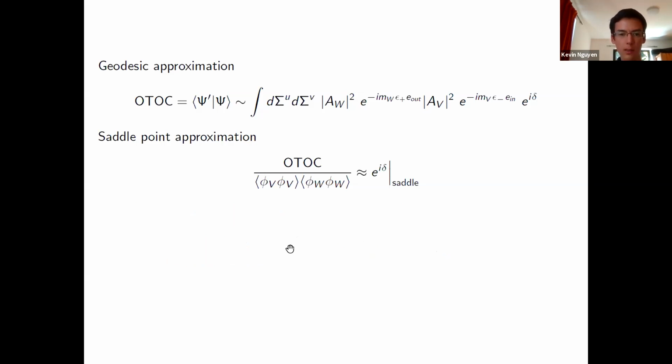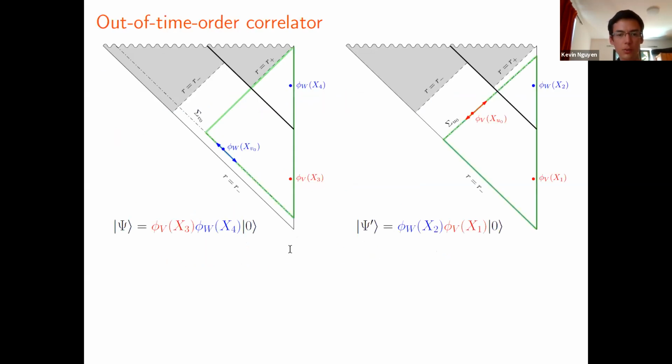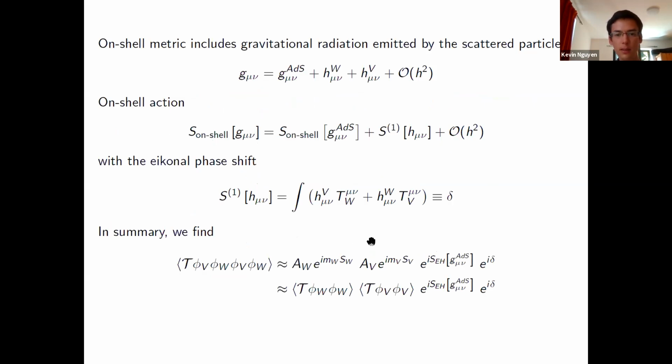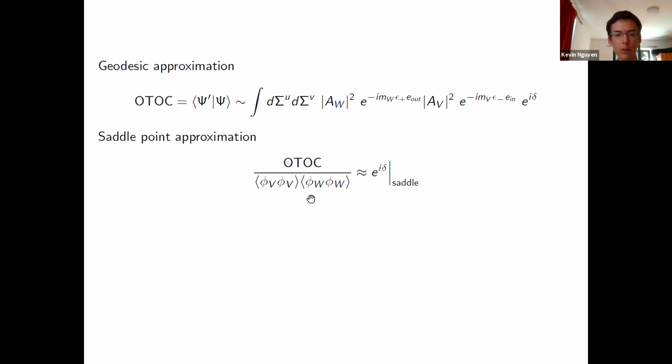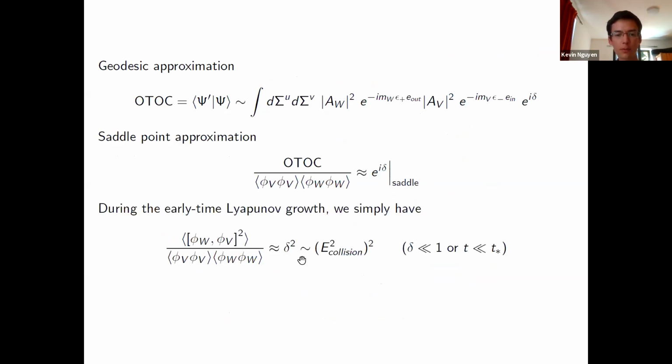And okay, let me remind you what delta is. So delta is this quantity, so it knows about the gravitational interaction of the two geodesics in the bulk. And in particular, delta will always be proportional to the square of the center of mass energy of the collision.